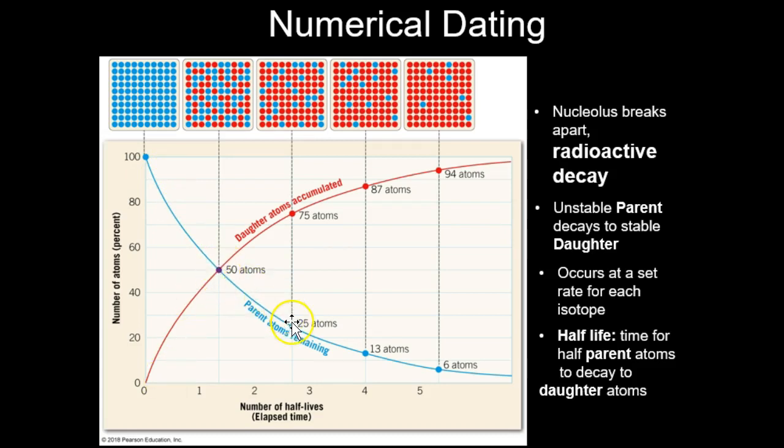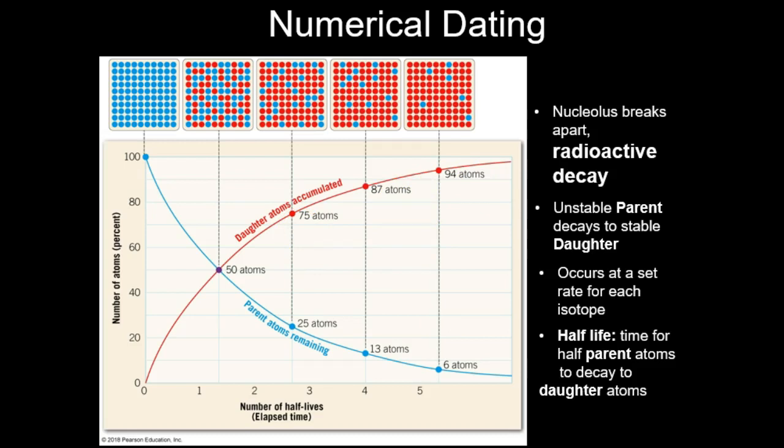At two half-lives, because you used to have 50 of the parent material, now you will only have 25 of the parent material. And you will have 75 of the daughters because you added the first product from the first half-life and then the product of the second half-life, which was 25. So you get the idea of how that goes.